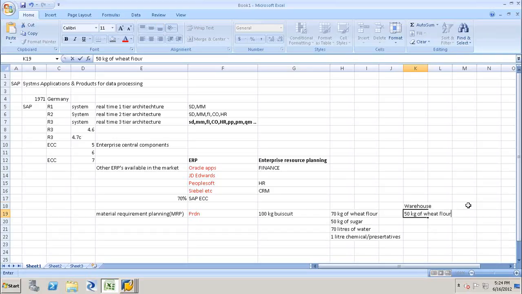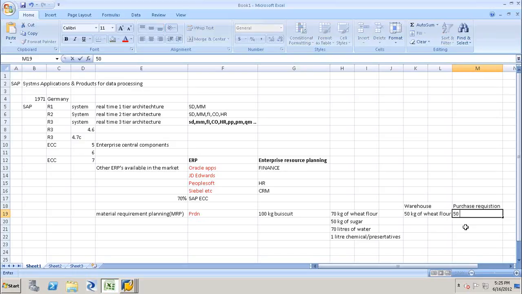then I need to create a purchase requisition. Sorry, not purchase order, purchase requisition. I am requesting the purchase department to purchase something. That is called a purchase requisition.